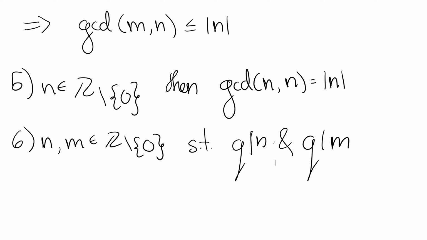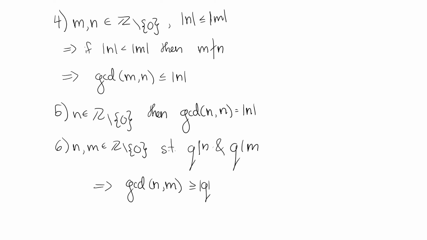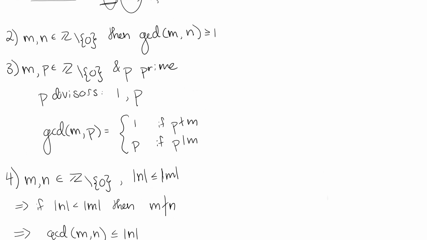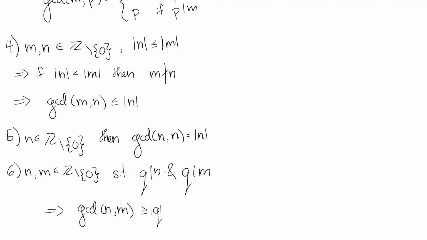Then that gives us that actually the GCD of n and m has to at least be the absolute value of q. This is very similar to our second example, where we always know that 1 divides any integer.